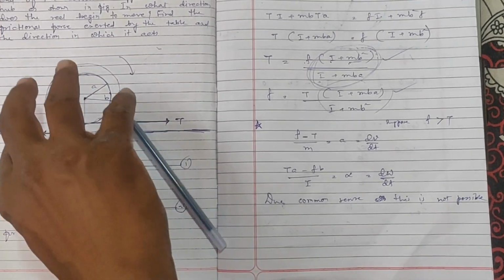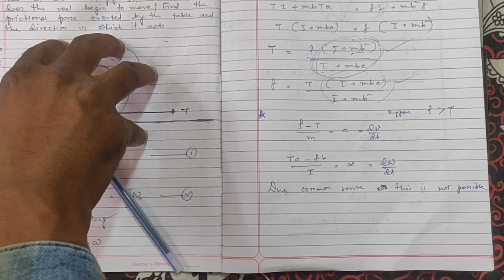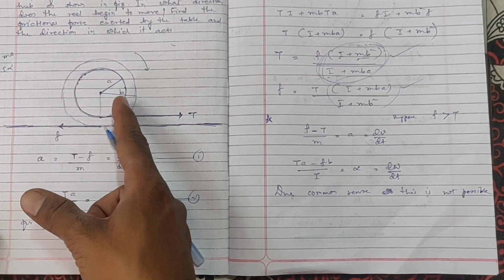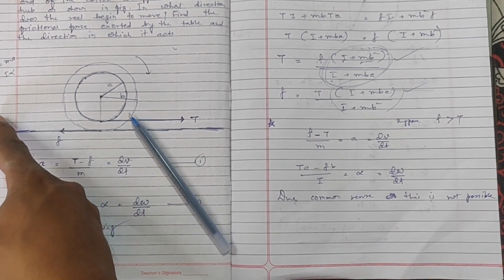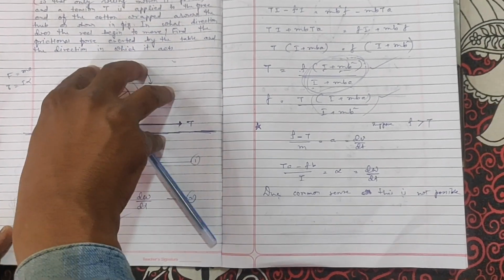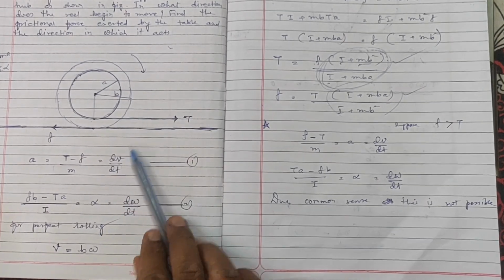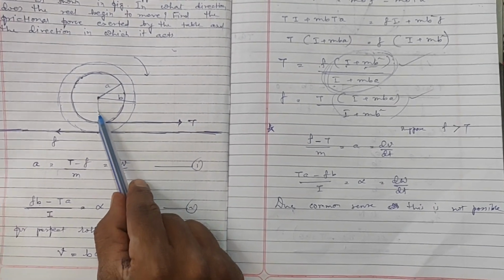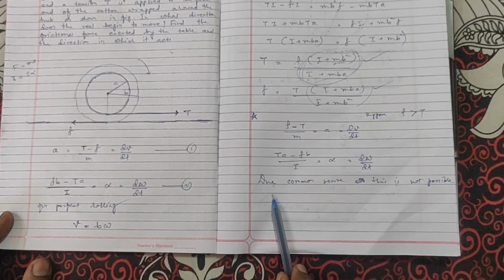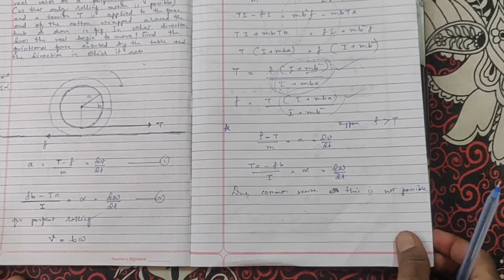So it should move in clockwise sense, but we have considered it will move in backward direction, which is not possible because the rotation is clockwise sense and still translational motion is in backward direction. These two effects simultaneously not possible. So this case is not possible.